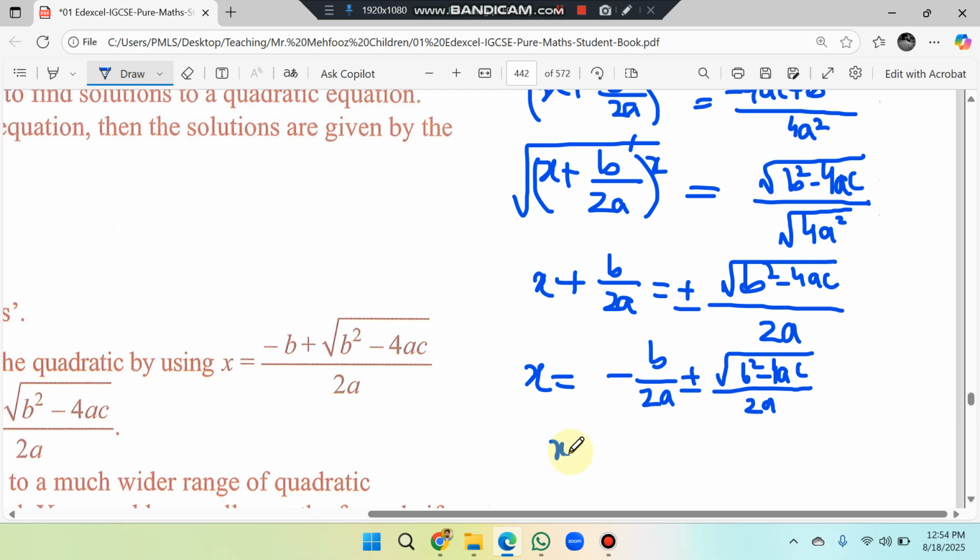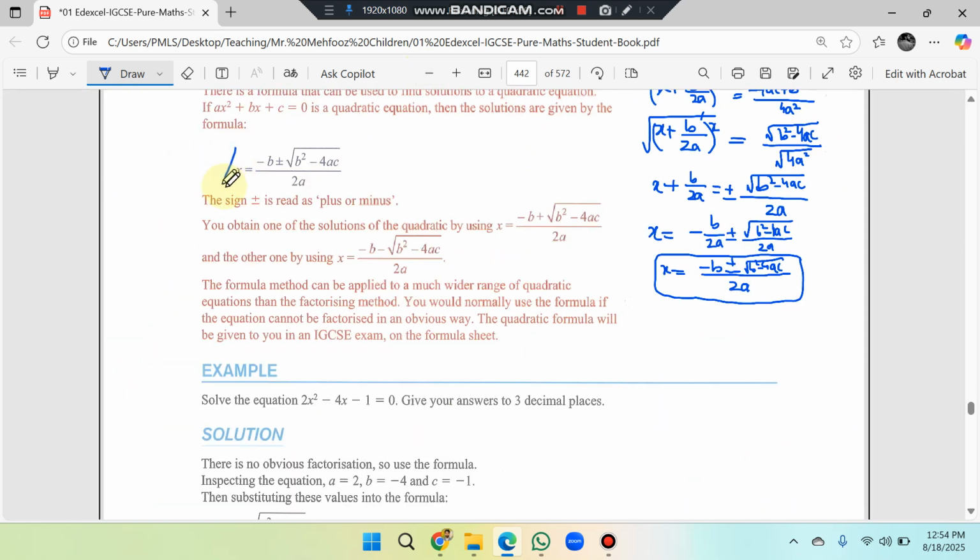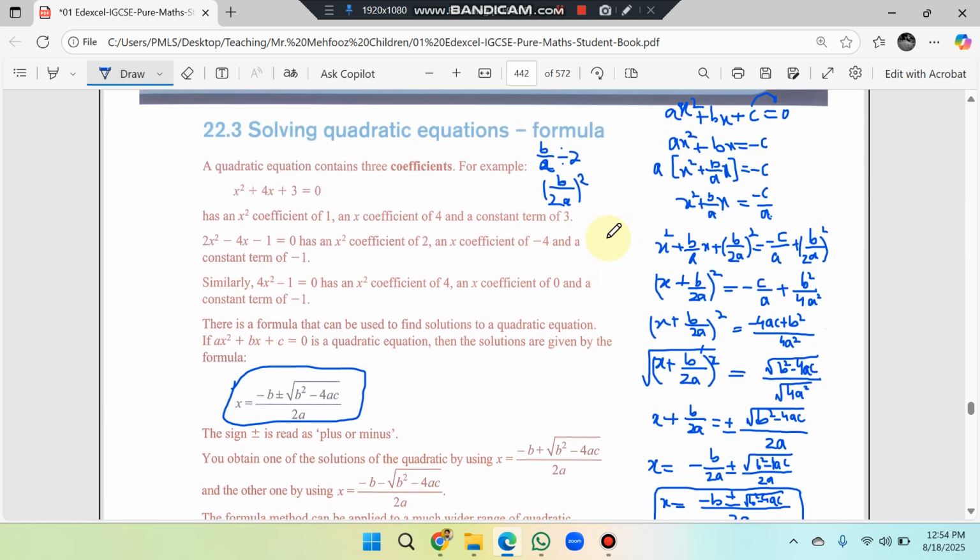After that, x is equals to, when we take the LCM, the denominators are same, so we can write it as minus b plus minus square root of b square minus 4ac over 2a, right? Yes. This is the solution of the general equation, that can also be written as, this is the quadratic formula, right? And you can see that the quadratic formula, that is also same. Do you have any problem in the proof of quadratic formula?